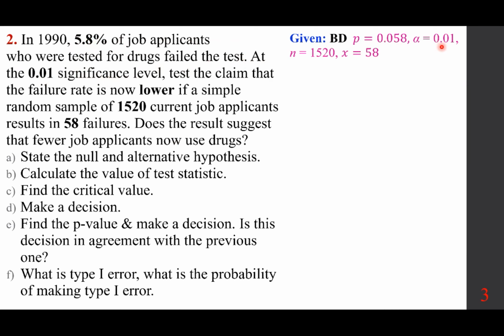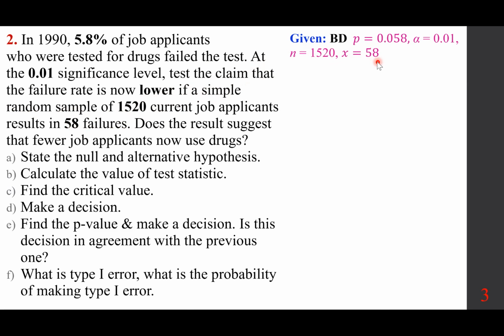Significance level, alpha is 0.01. A sample of 1,520, so N is 1,520, and 58 of them fail. That X is 58.